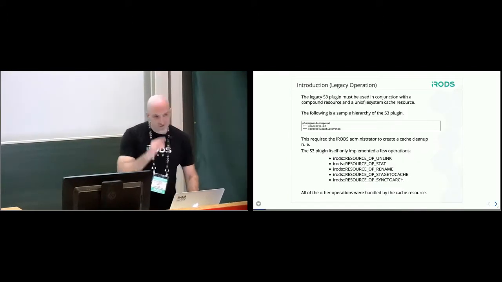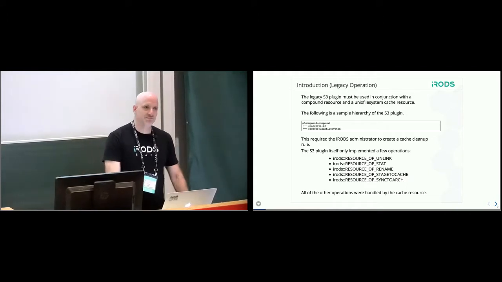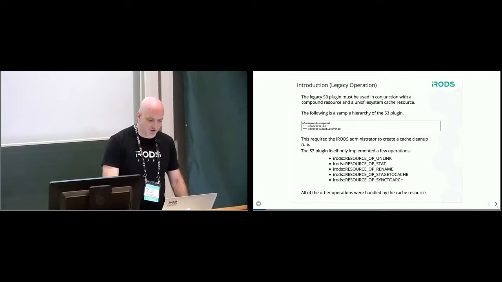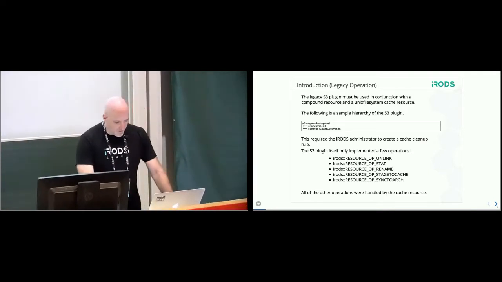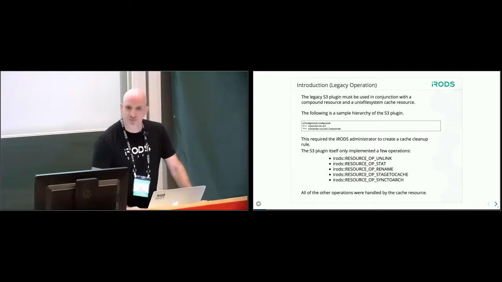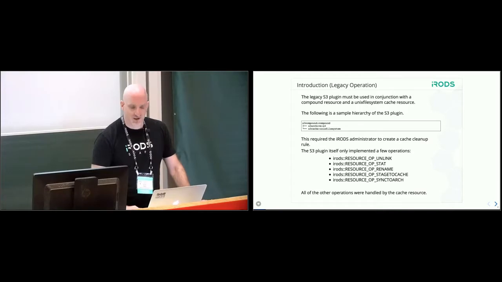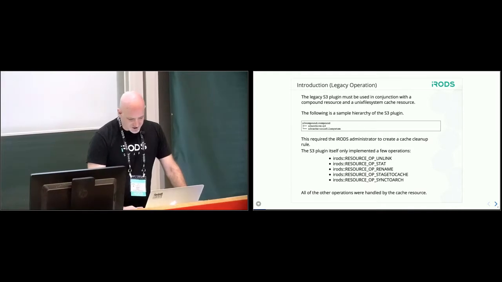Okay, so what is the Cacheless S3 resource? First I'll give you a brief summary of what the legacy operation is for the S3 resource. Most of this you already know, but it'll help you get an idea of what the Cacheless is. So the legacy S3 plugin has to be used in conjunction with a compound resource and a cache resource.